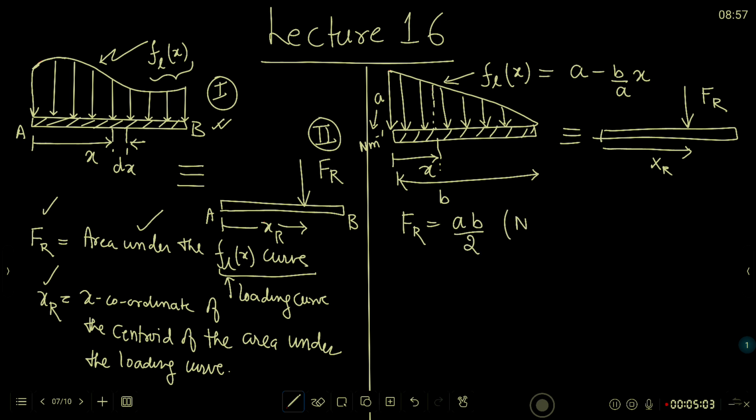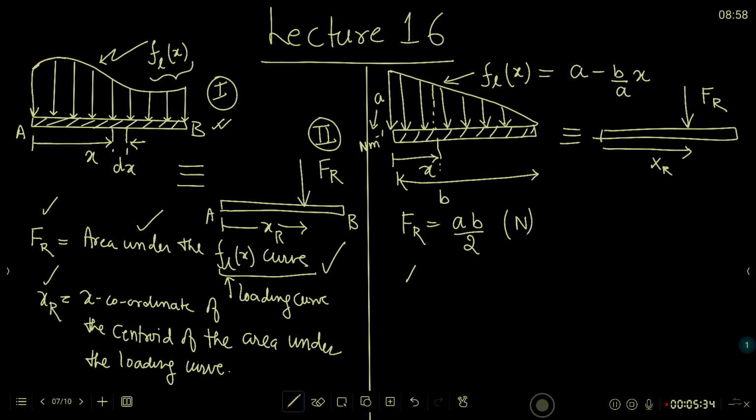It will be in newtons. How is it helping me? This realization helps me in that I do not have to perform the integration right now. The area under the loading curve is simple. We are aware that the area of a triangle like this would be half AB. I write Fr directly.